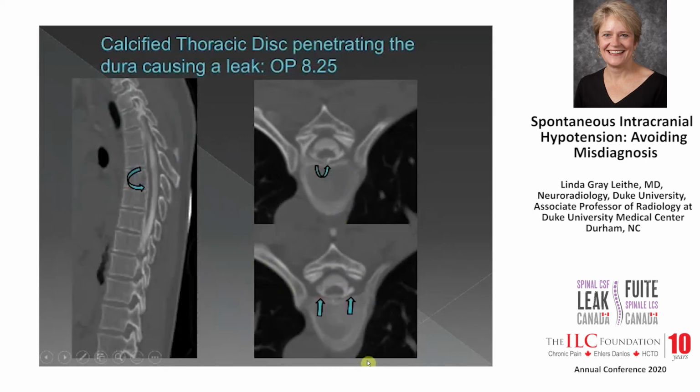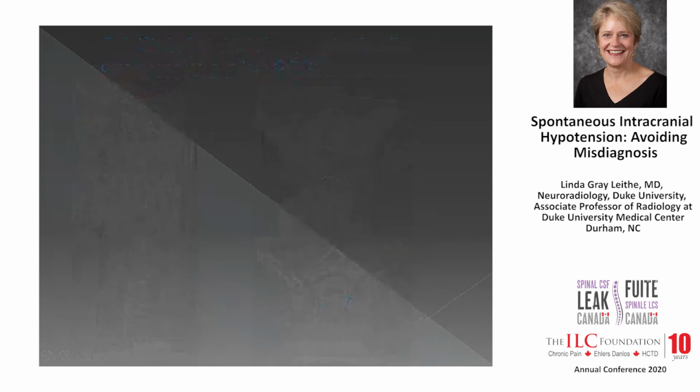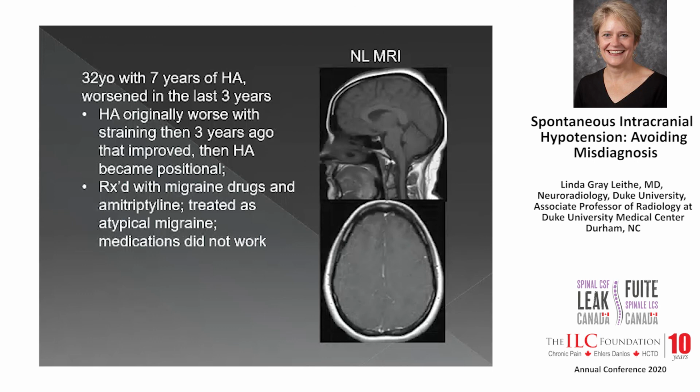This 32-year-old had 7 years of headache, which had worsened in the last 3 years. Originally, the headaches were worse with straining, and then 3 years ago they improved, and then the headaches became positional. She was treated for migraine headaches with amitriptyline, treated like an atypical migraine, but the medications did not work. She has a normal-looking brain. You might argue that she has a partially empty sella.